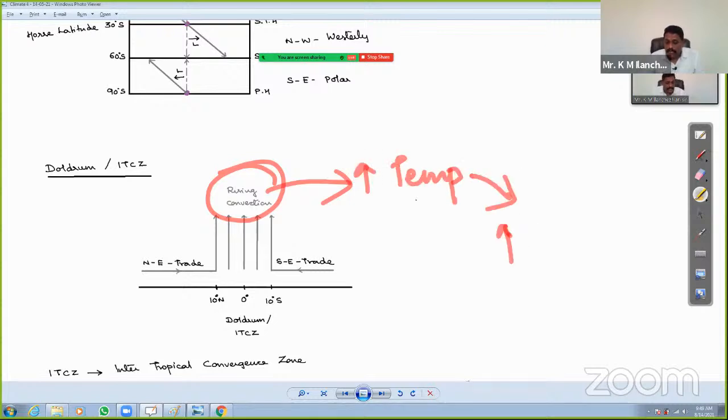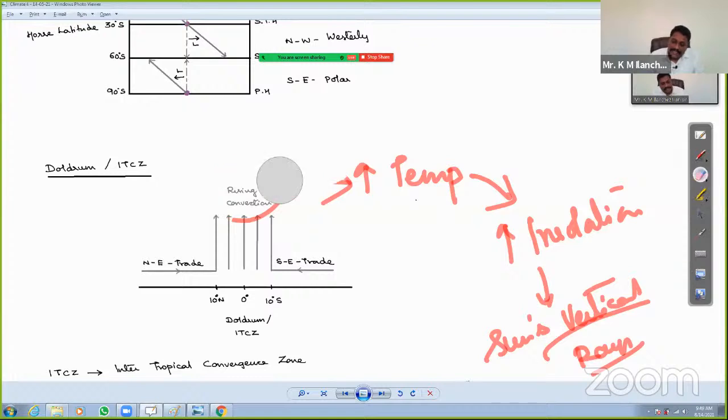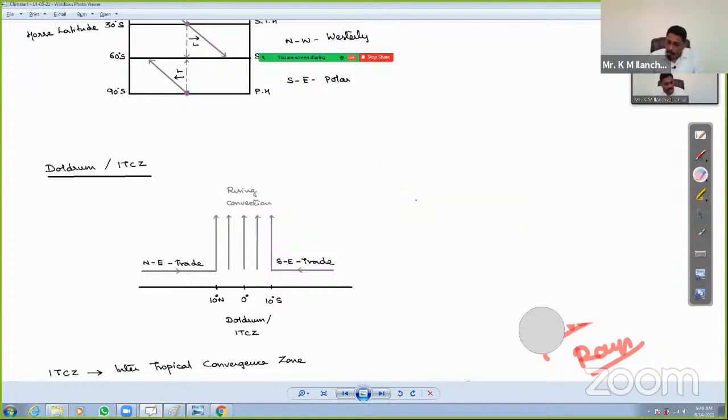Because there is high insolation. Why is there high insolation? Because the sun's vertical rays are falling at this place. Am I right? High sun position is falling at this place. Now, this is the idea. My dear friend, this ITCZ overlaps with the concept called the thermal equator.